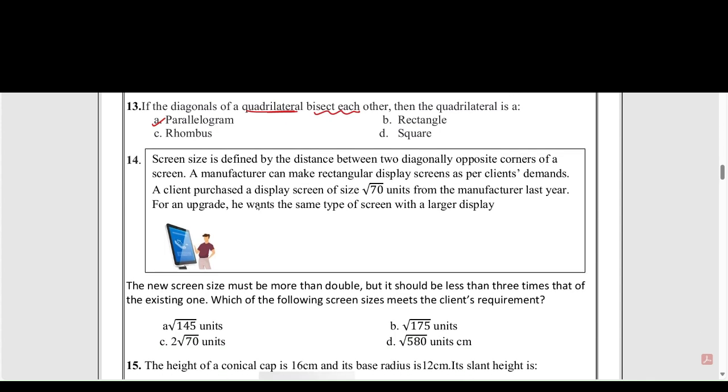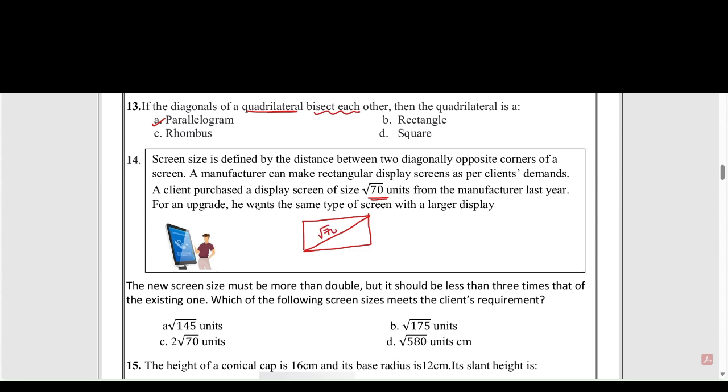Now question number 14. This is a bit tricky. Screen size of a rectangular TV. The distance between two diagonals is given as root 70. Let me read it. A manufacturer can make a rectangular display as per the client demands. A client purchases a display screen of size root 70.